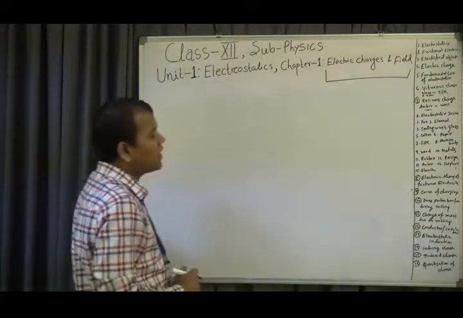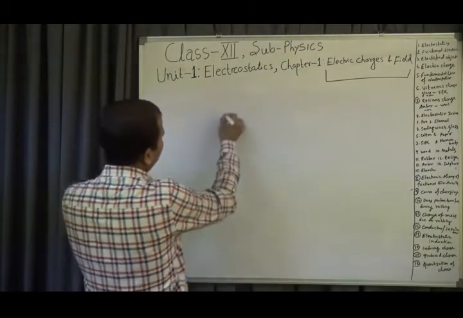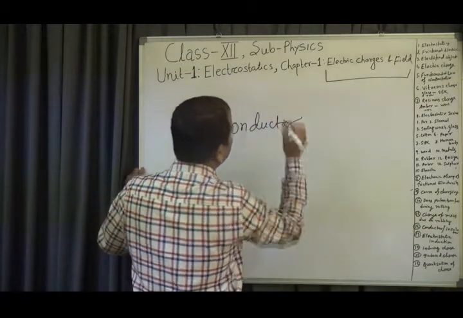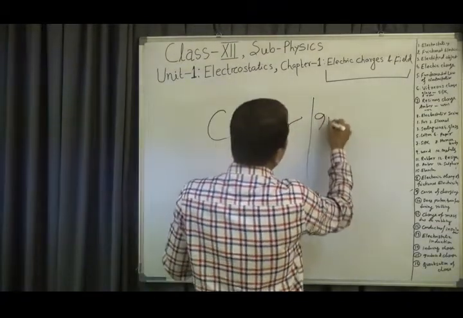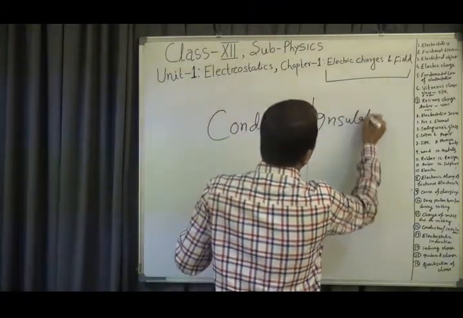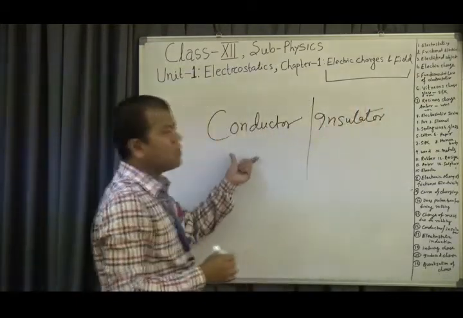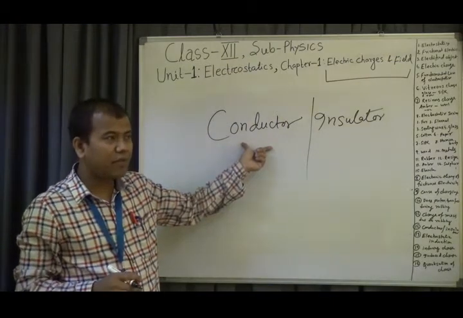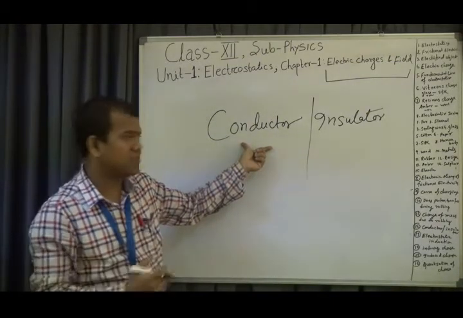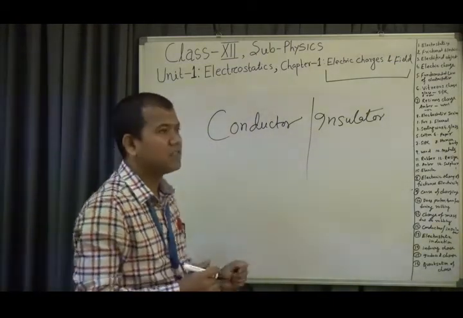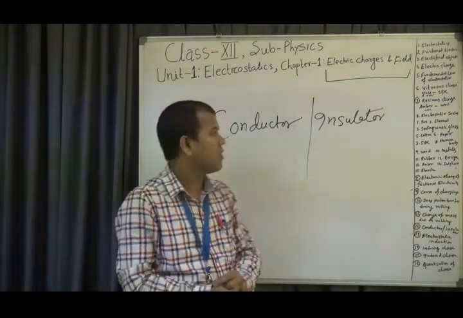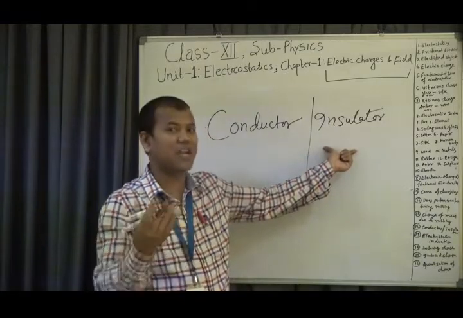Now what is a conductor, what is an insulator? You got this concept in your junior classes, but let me move to the inner concept. Conductor means the substances which can conduct charges, and insulator means those which cannot conduct charges.